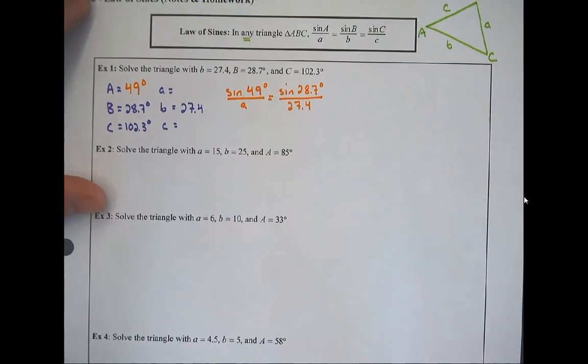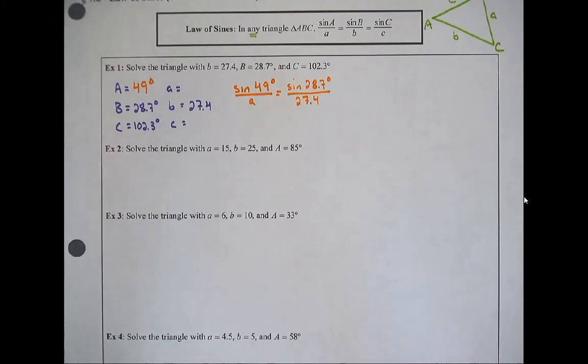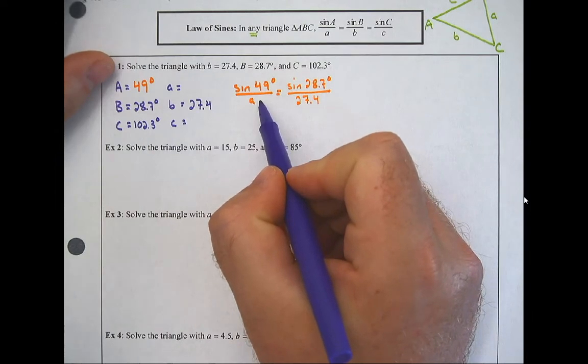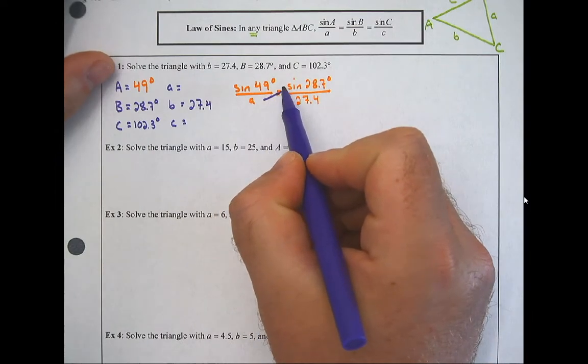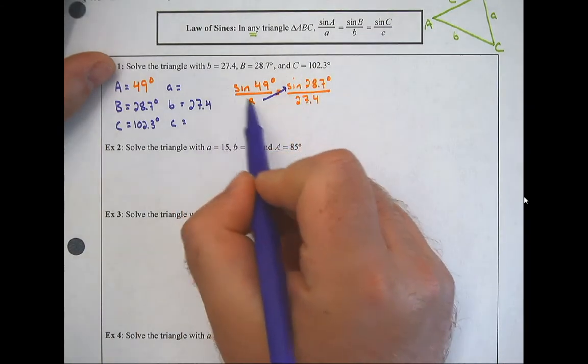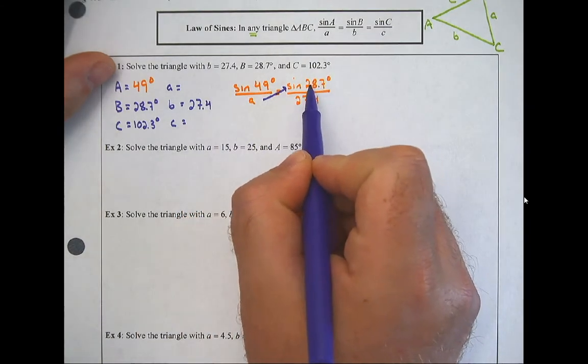All right, now we need to talk about how to solve this. You've done these ever since at least Algebra 1, probably middle school too. This is what we call a proportion. We got a fraction equal to a fraction. The easiest way is to cross multiply. So if I want to get the a off the bottom over here, I would times both sides by a. The a on this side would cancel, and it would just end up in the numerator over here.